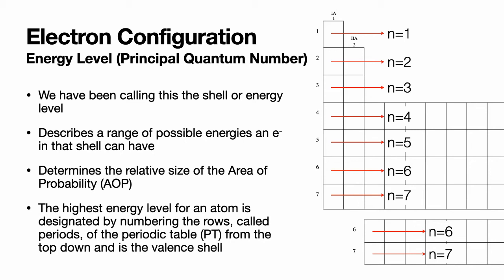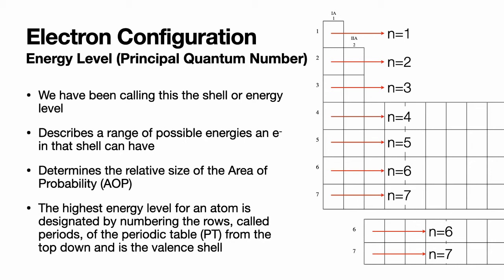A couple of things it tells us: it describes the range of possible energies that an electron can have. Okay? That's our sublevels, right? So in the second energy level, there is not one specific value, there is a range of values. In the third energy level, there's a range of values that are different than the range of values for the second.